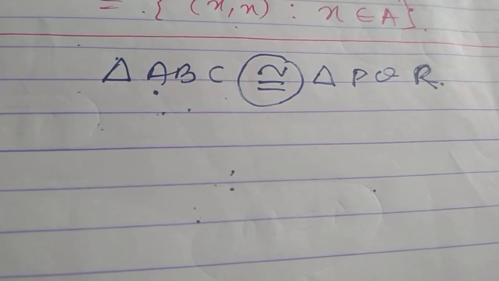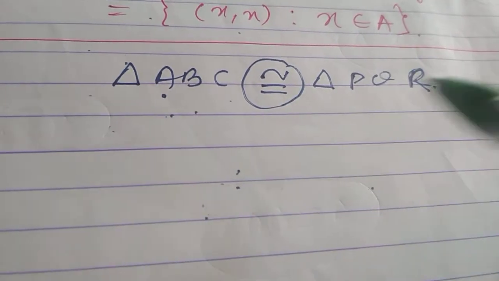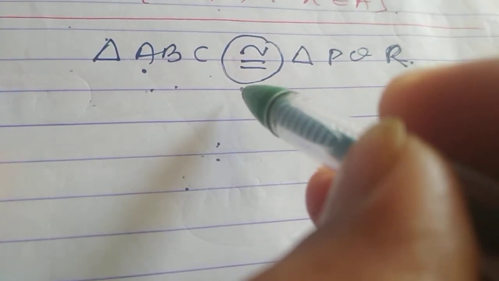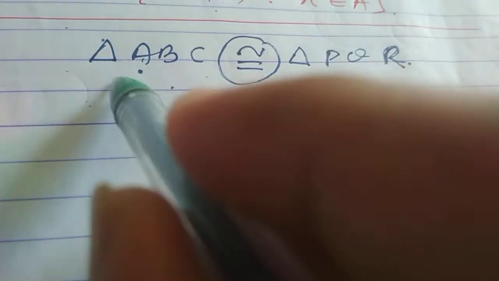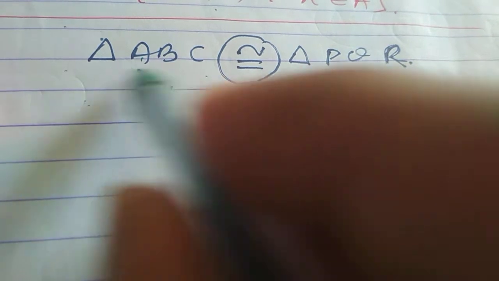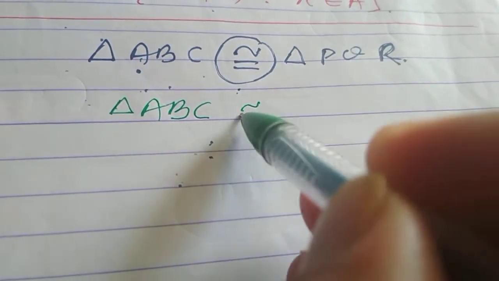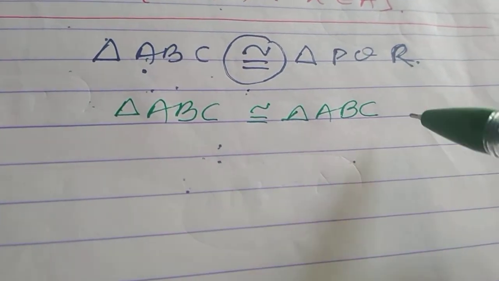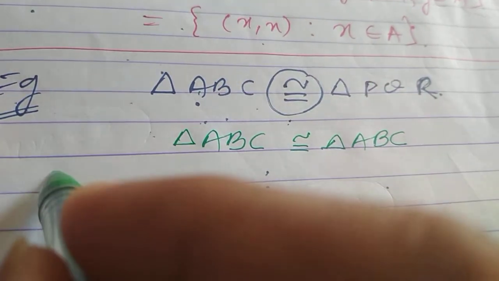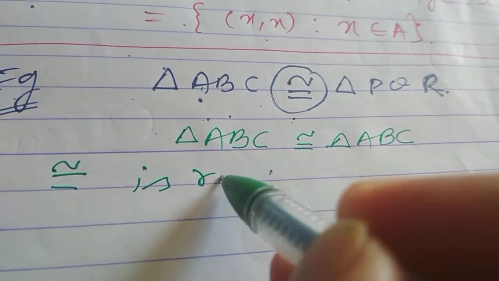When we talk about this relation, I claim that this relation is reflexive. That means every triangle is a reflection of itself. So I will write triangle ABC is congruent to itself. Then the congruency relation is reflexive.